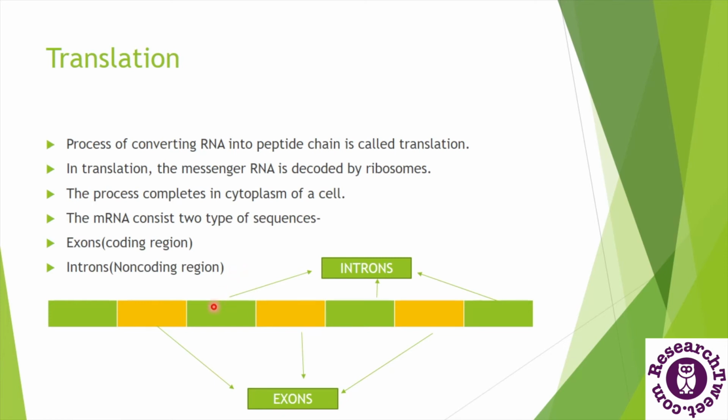So these non-coding sequences or introns do not code for proteins. Before translation, they are removed by the process of RNA splicing, and this process completes in the nucleus. Here in this diagram, we can see the transcriptional unit having exons and introns within it. These introns are removed from the transcript with the help of the process known as RNA splicing.